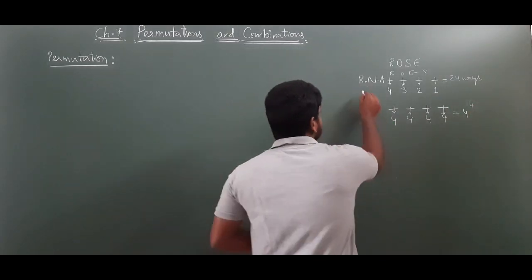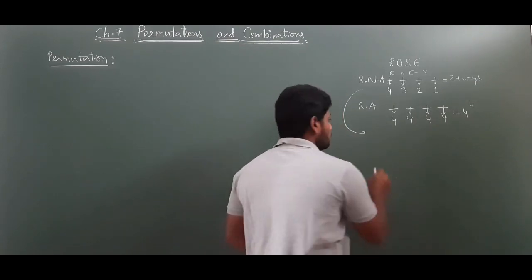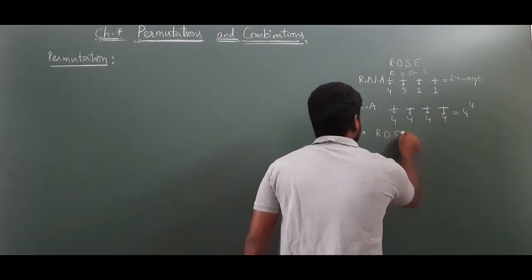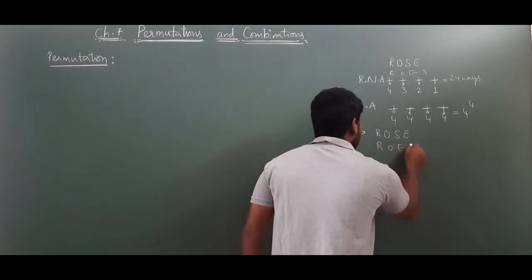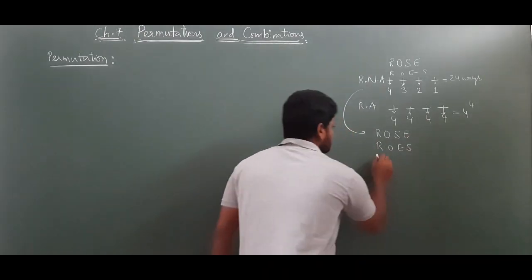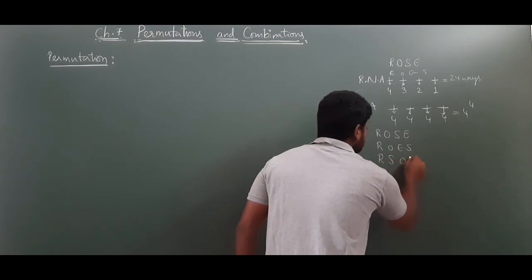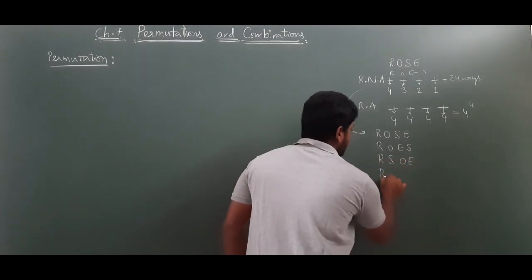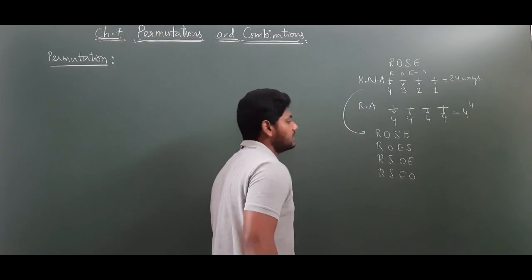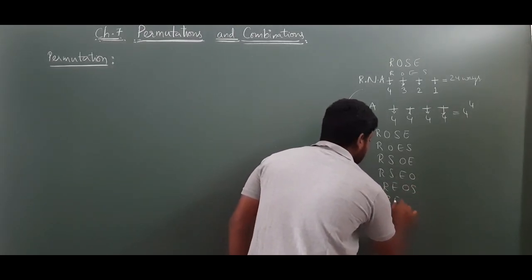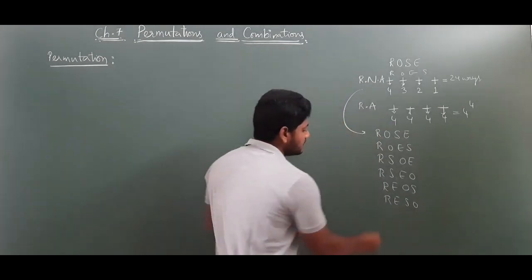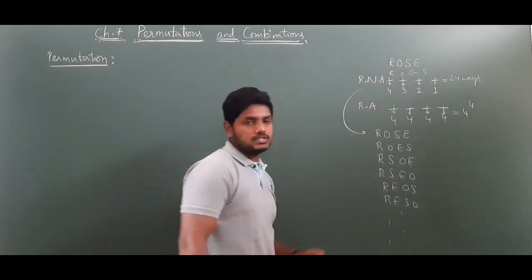Now what are those? Those will be ROSE, this is one way; ROES, this is another way; RSOE, another way; RSEO, another way; and again REOS and RESO. So these are the different types of words we can form.